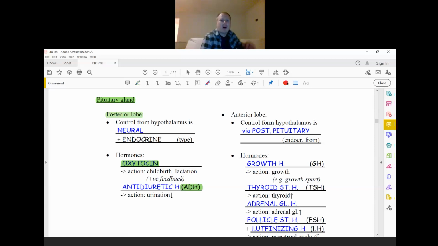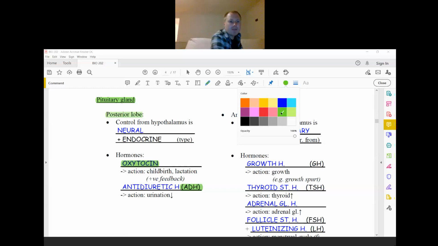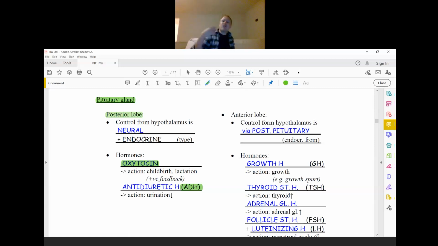But let's start with the oxytocin. So oxytocin is a hormone that has an important role in childbirth, so on the delivery of the baby. And the other role that it has, and we'll end up noticing that this same process has other hormones that affect it as well, is the milk production and release especially.